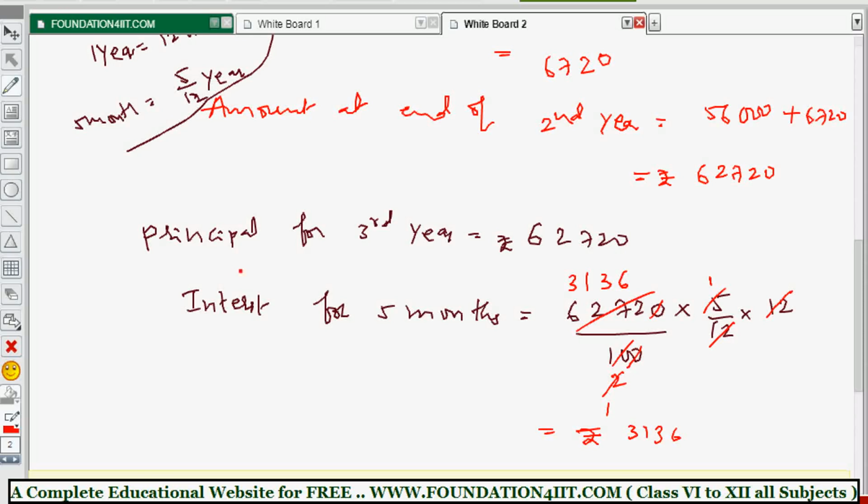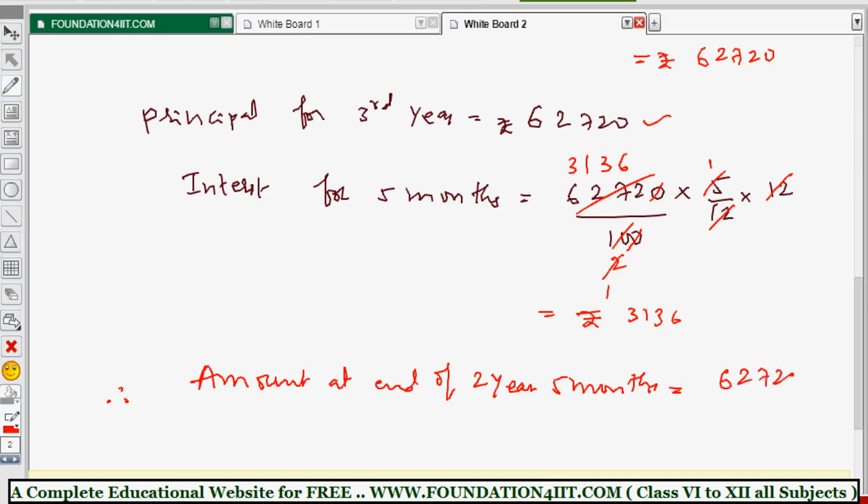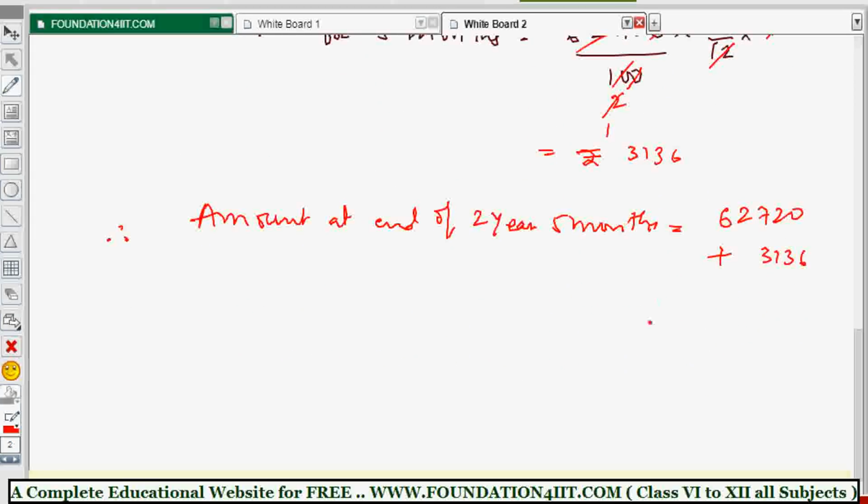Therefore the amount at the end of not 3 years but 2 years 5 months: the principal 62,720 plus 3,136, if you add, is 65,856.